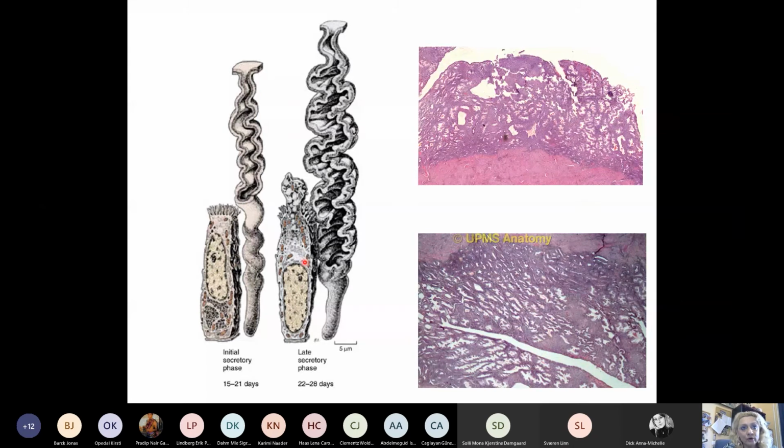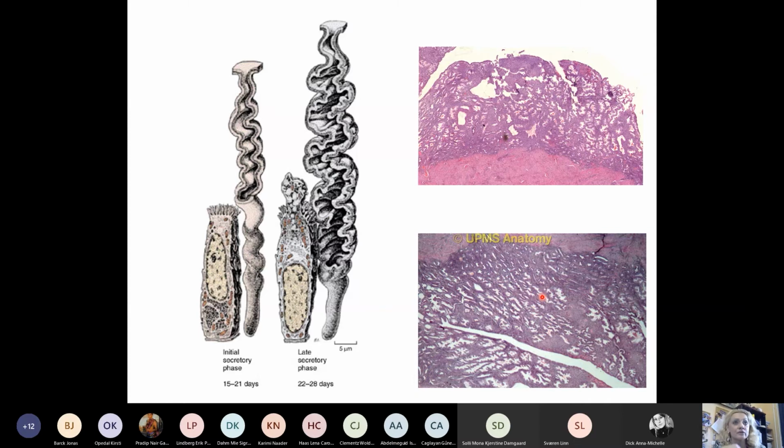And again, don't forget that we can have early or late secretory phase, looking completely different. At this stage, we can already have a little difference within the functional layer, the compact and the spongy layer, but not a really very marked change or border between the two.